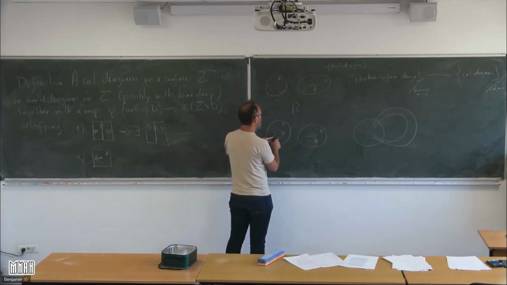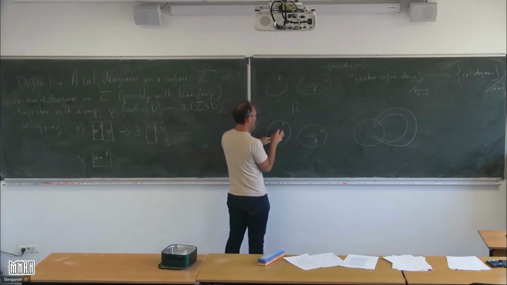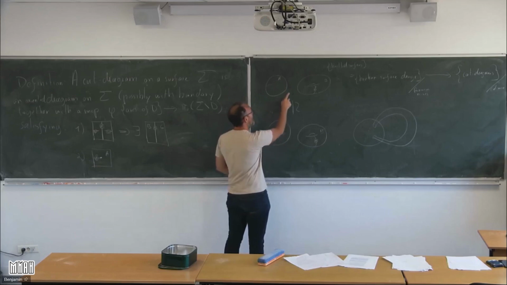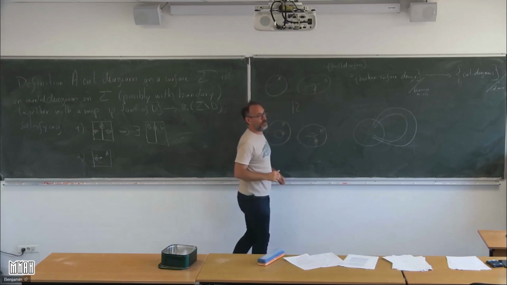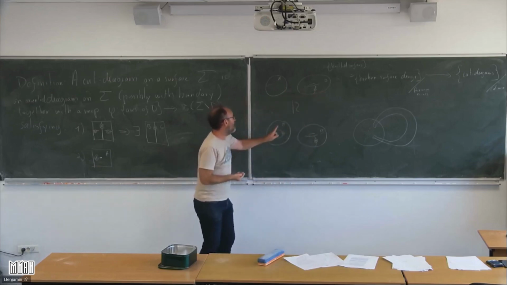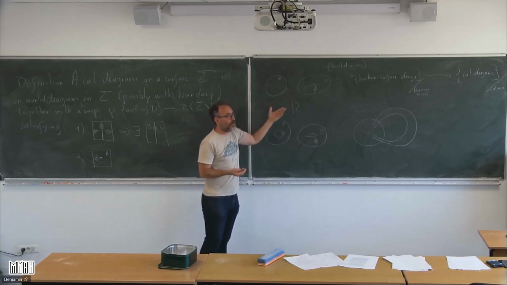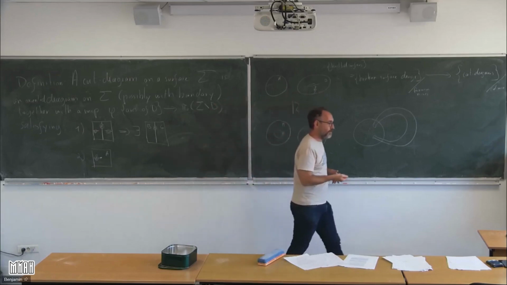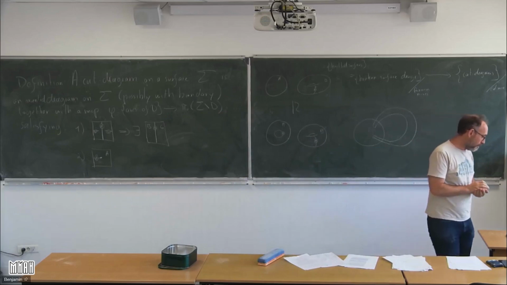But if I apply the move that just removes these circles, I get something which does not come from a broken surface. So obviously, this cut move does not correspond to a Roseman move. Okay?